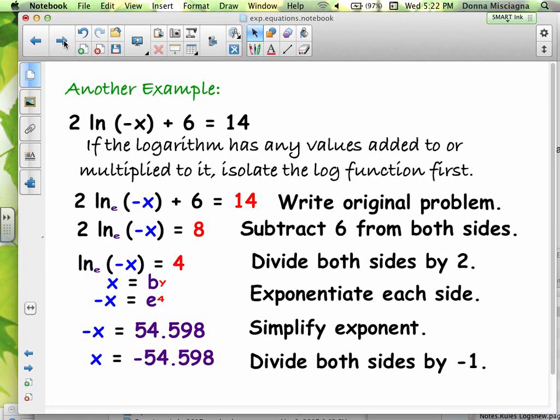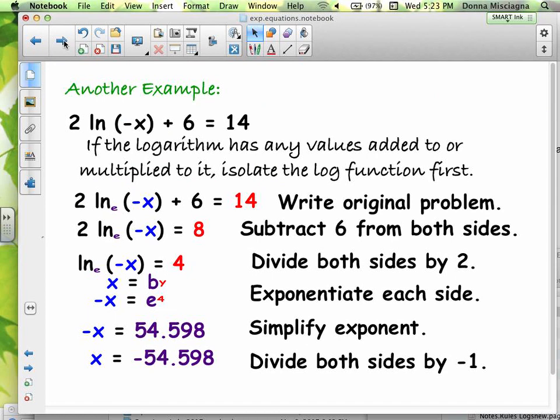If your logarithmic equation has anything added to it, we have to simplify that first, before we can try to rewrite that as an exponential. We got to get it all nice and simplified. So that plus 6, subtract it from both sides, because we can't write it into an equation with all this stuff in there. Now we have 2 times natural log of negative x equals 8.